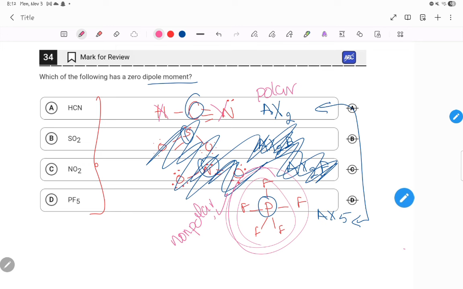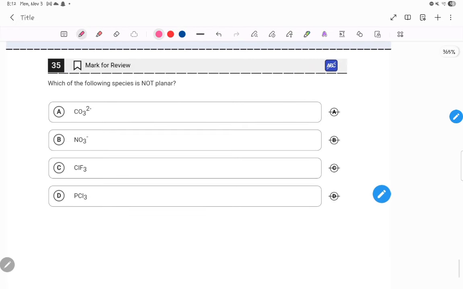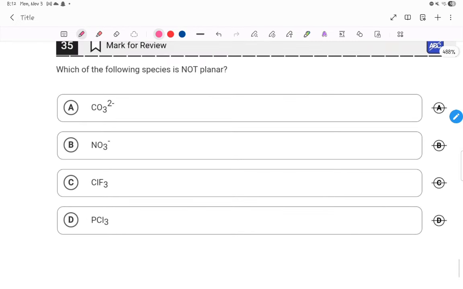Now last but not least, which of the following is not planar? Okay, so let's draw each of these structures. We have CO3 2 minus, C, double bond O, O, O, and then here's 2 minus. Now NO3 minus Lewis structure. It looks like this.